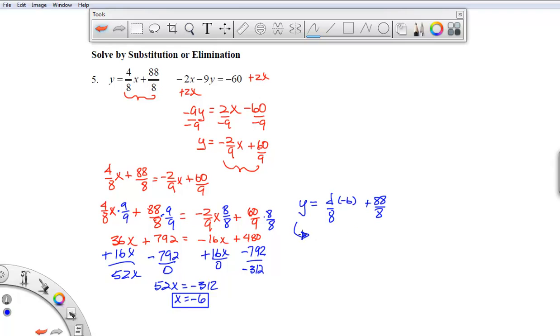So let's just step this through really slow. So 4 times a negative 6 is a negative 24. A negative 24 divided by 8 is a negative 3. Now 88 divided by 8 is an 11. Now negative 3 plus 11 gives me 8. Okay, so the solution for the y is y equals a positive 8.